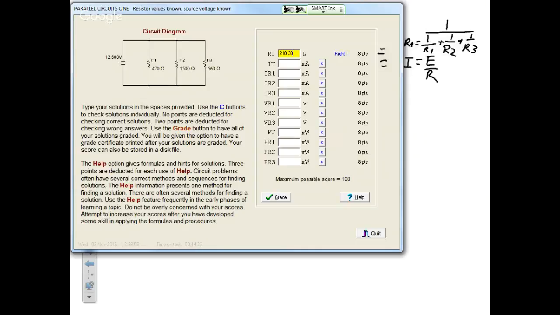It gives us 0.057. So if we move it 3 decimal places, we have 57 milliamps. I'm going to go ahead and carry it out a little bit more.